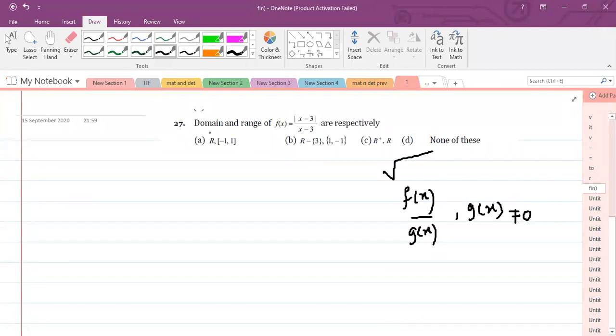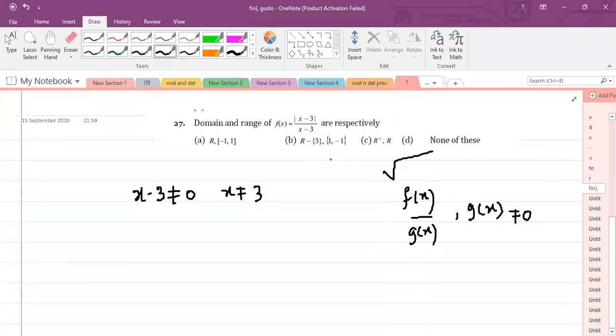So here they have mentioned domain and range of function, which means it's a real function. Here you don't have square root function, but you have denominator term. That denominator should not be equals to 0. Therefore, x should not be equals to 3. So every other value is accepted, but x should not be equals to 3.